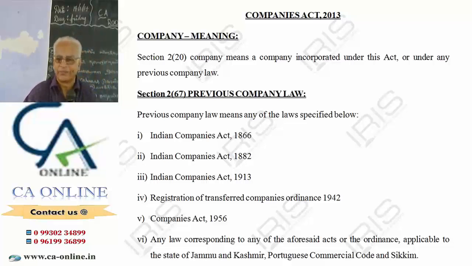Therefore, the promoters of the company should have a digital signature, number one. Number two, at least two directors, minimum 2 in the case of a private company, must have a Director Identification Number. They call it DIN, D-I-N. They should apply in the prescribed form DIN 1 and pay the prescribed fee of 1000 rupees, then get the DIN. A DIN can be obtained by anybody.